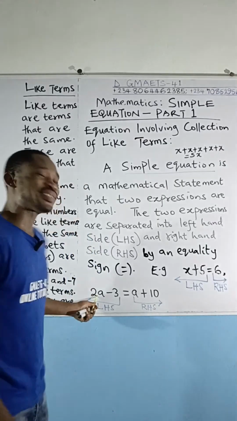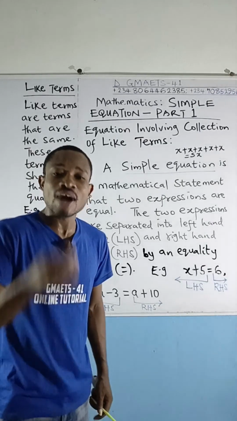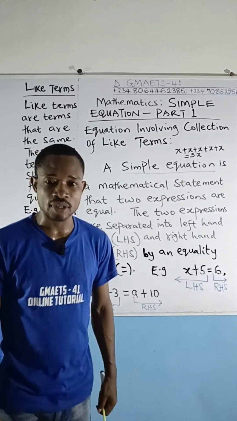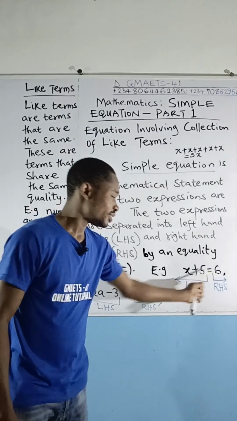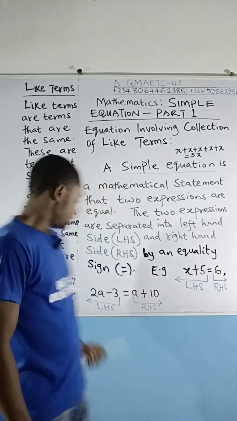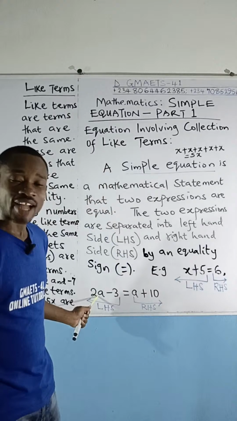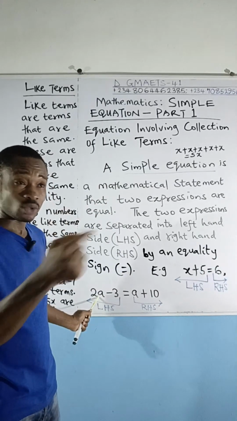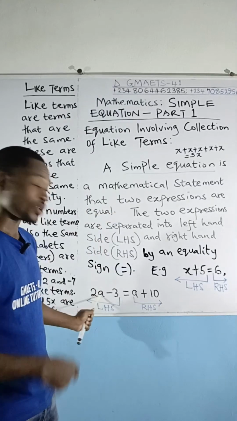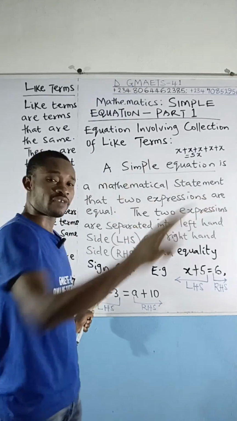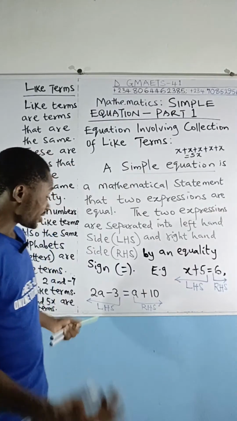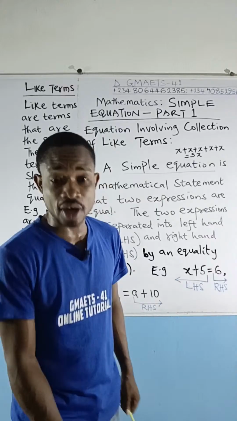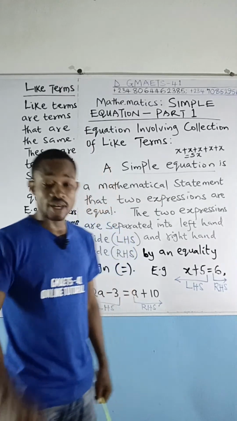The 2 there is not a pure number. It's not like this one. Alphabet is attached to it. So what you have here is actually a and a with plus between them being added. A plus a gives you 2 a's. And like I said, these 2a and this a, they are like terms.